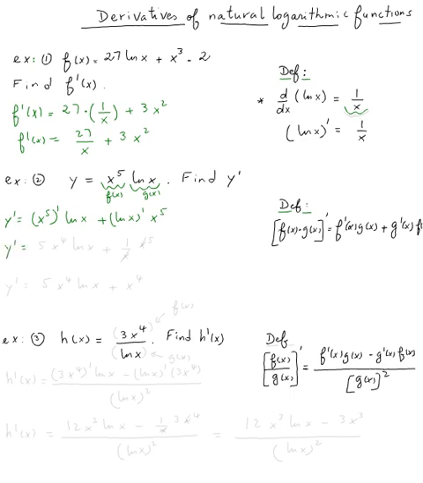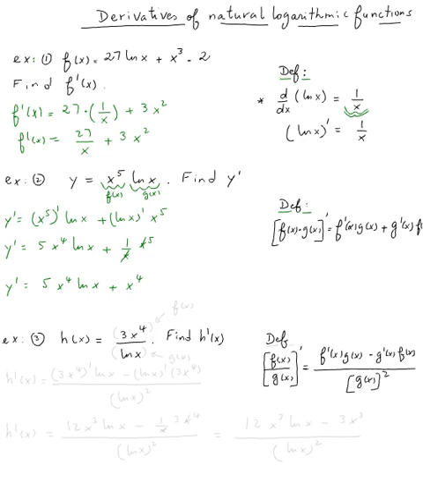Derivative of x to the fifth, use the power rule, that's 5x to the 4 times ln x, plus the derivative of ln x, use this definition right here, it's 1 over x times x to the fifth, and all we need to do now is simplify it. So this is 5x^4 ln x, plus, simplify the x from both sides, so you get plus x^4. And we're done with this example.